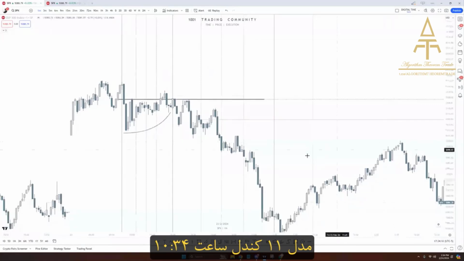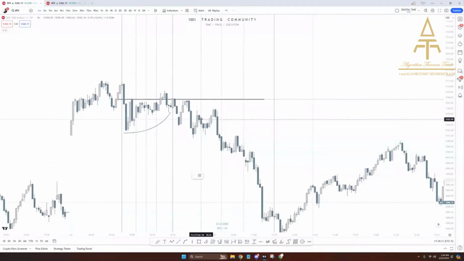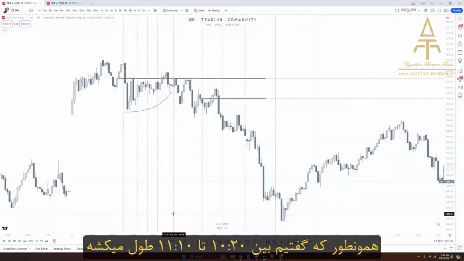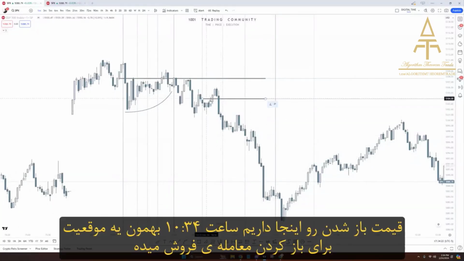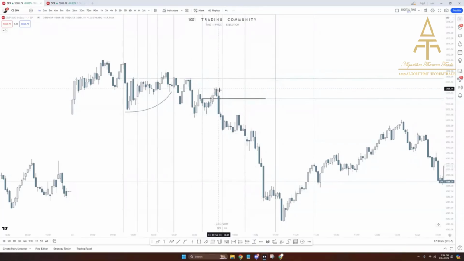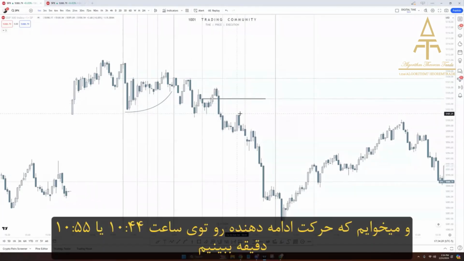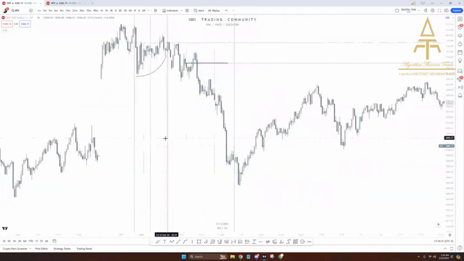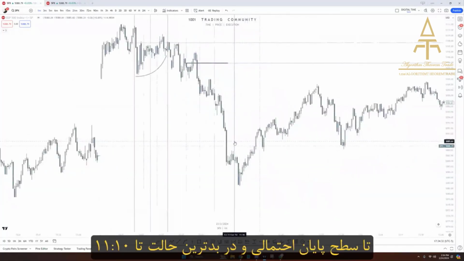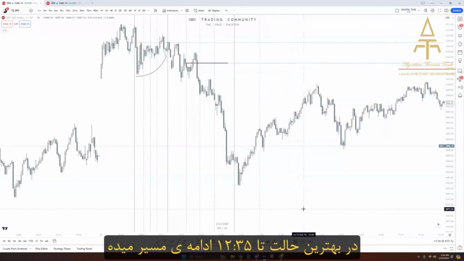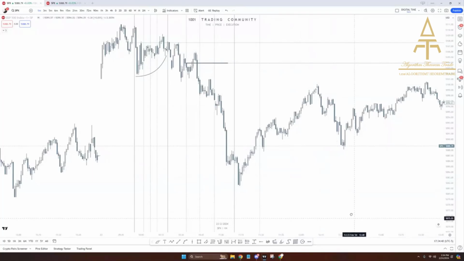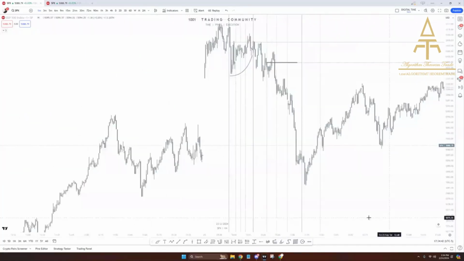Model 11, 1034 candle, opening price right here, as we stated, takes place between 1020 to 1110. Opening price right here, 1034, gives you an opportunity to short, and you want to see continuation at 1044 or 1055 to the potential terminus in worst case scenarios, 1110. Best case, it will continue till 1235 or even 1409.